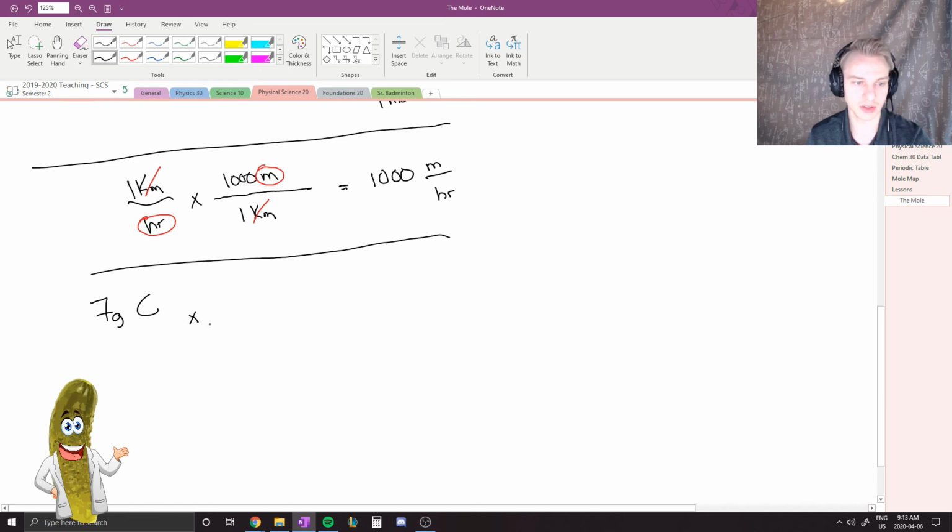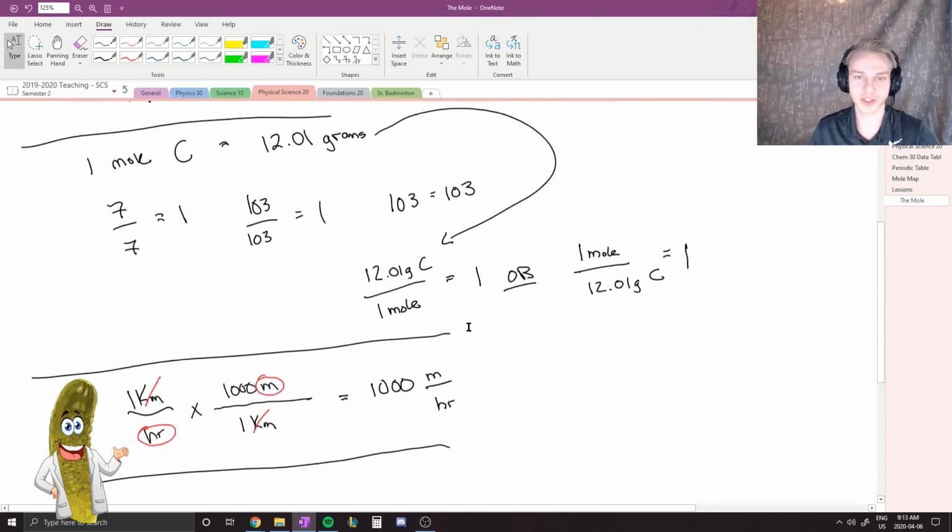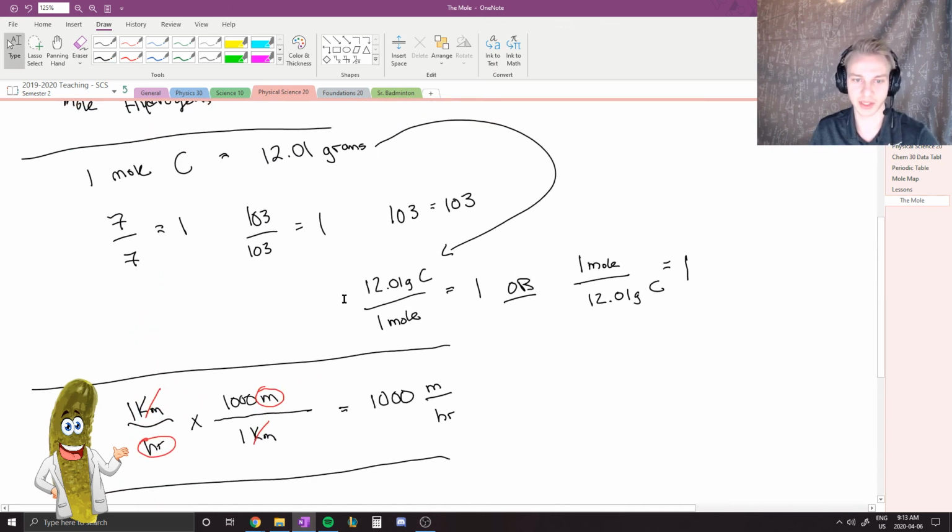Well, we would always start these questions off with time sign straight line. And what we would want to do is go back up to this scenario here, where we had the 12.01 grams of carbon over 1 mole, and that was equal to 1. Or we want to take 1 mole divided by 12.01 grams of carbon, that was also equal to 1.